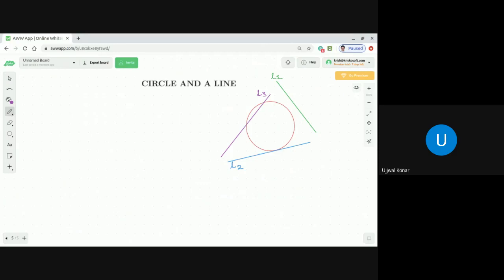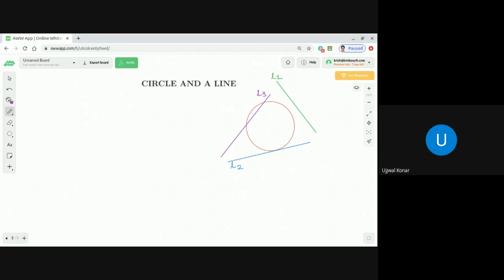And the circle is fixed. If you notice carefully, dear students, the straight line I drew in green color is not touching the circle and not intersecting the circle at all. It is completely outside. Now, if you look at the second straight line which I drew in blue color, that is L2, you see it is just touching the circle at a single point.